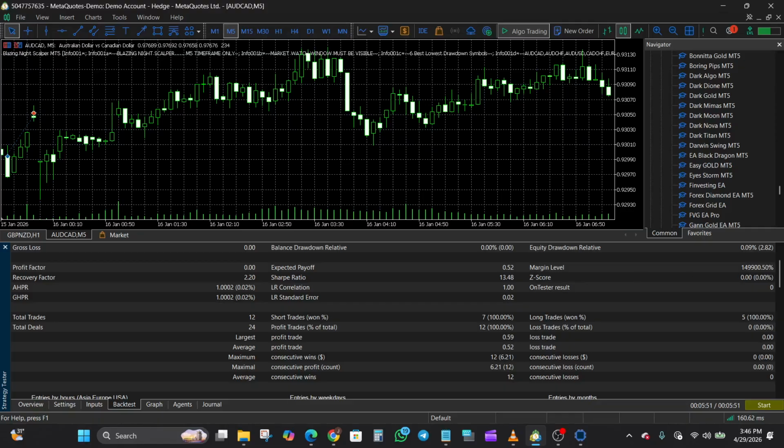But performance will vary significantly depending on your setup. Lot size, number of pairs, broker spreads, execution speed, and overall market conditions. They all play a major role here, especially with grid-based systems, right? Small changes in settings can lead to a very different outcome. So optimization and forward testing are absolutely essential.